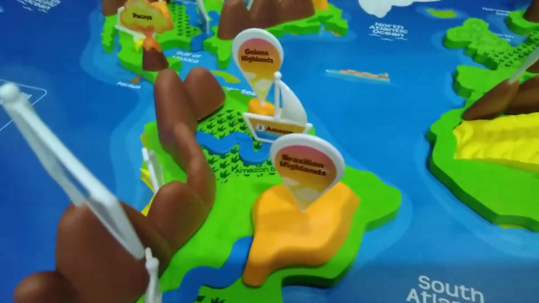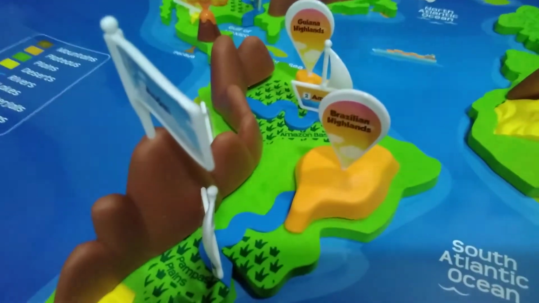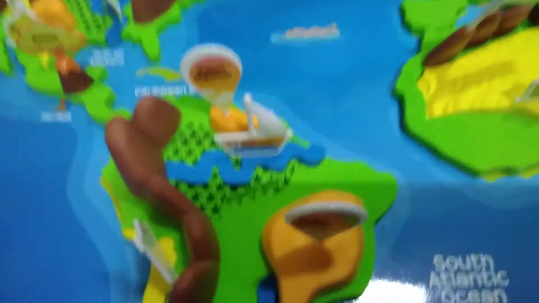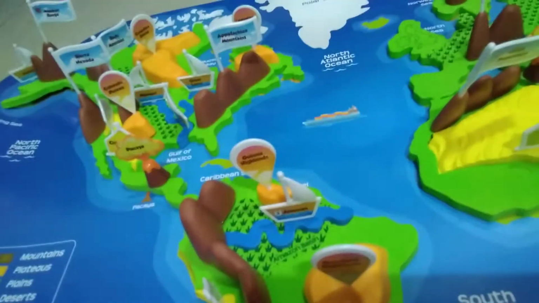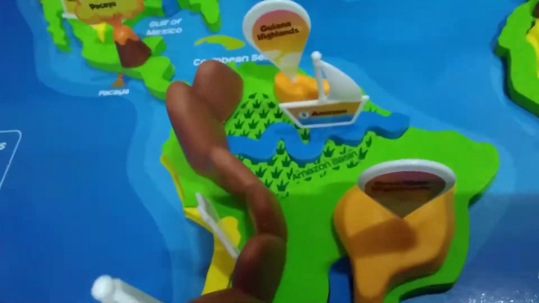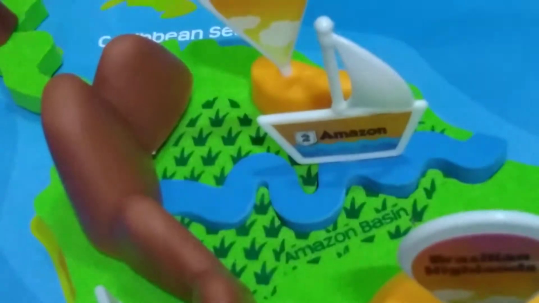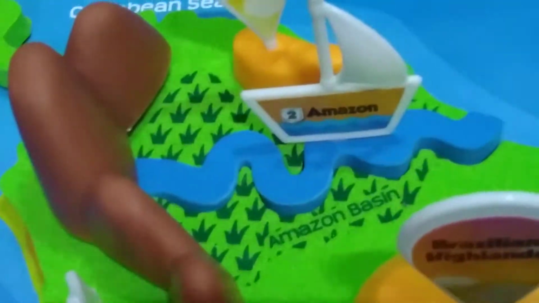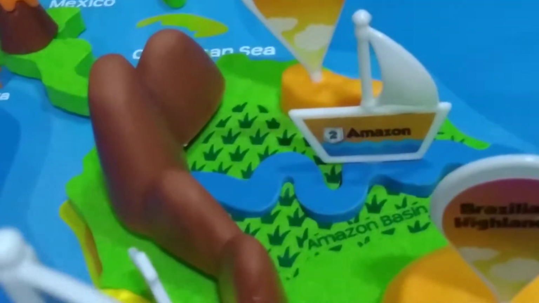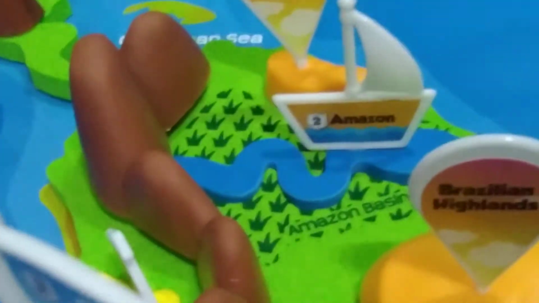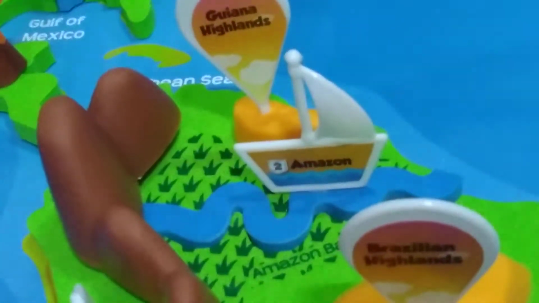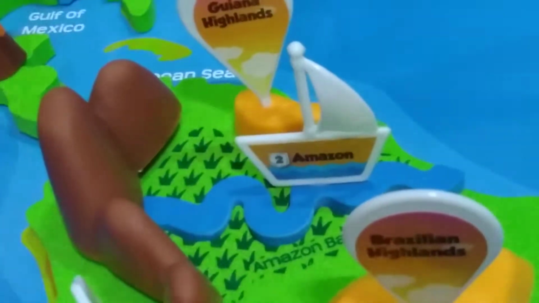Above is the most famous one, Amazon River. Second to the Nile in terms of size and all. It originates from the Andes and flows to the South Atlantic Ocean. Also, it has a basin called the Amazon Basin, which is like rainforests, and it is the largest river in the world.